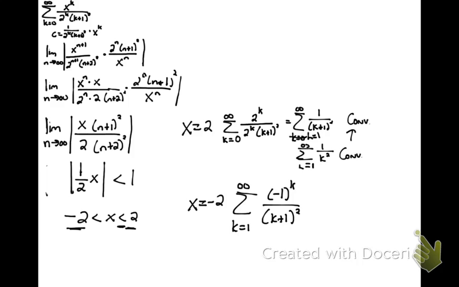And by the alternating series test, this will converge, which means we can finally conclude that our interval of convergence is from -2 to +2 inclusive, or we can say the radius of convergence is 2.